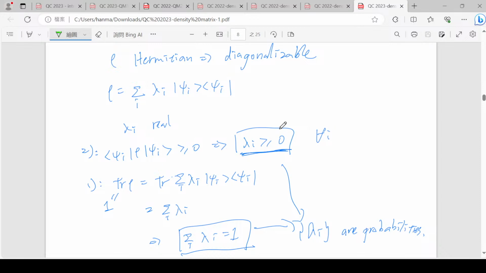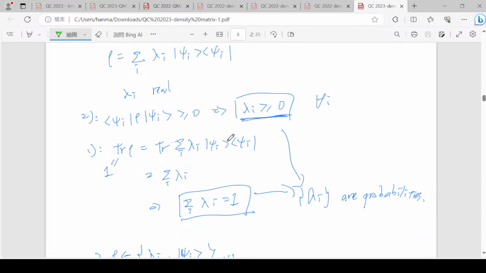Okay, so lambda_i is greater than or equal to 0, and also we have trace of rho equal to 1. When you take the trace of this thing, once again you can pull the trace inside, and every psi inner product with itself is 1, so the trace is just the summation over lambda_i. So you see all those lambda_i are greater than or equal to 0, and the summation of lambda_i equals 1.